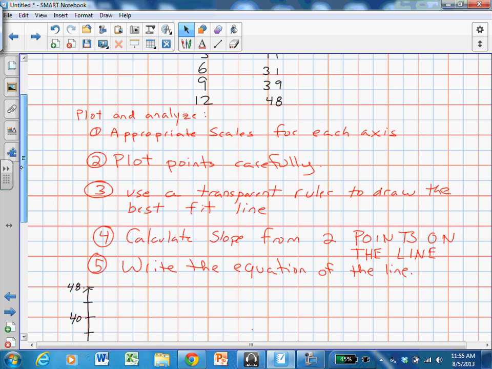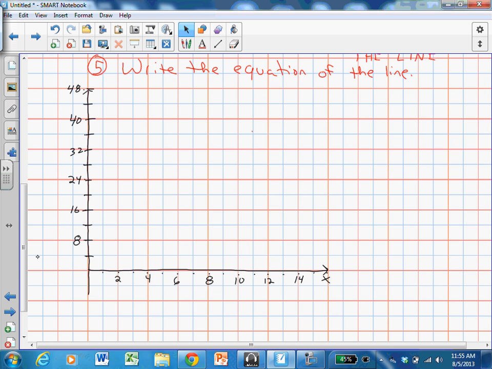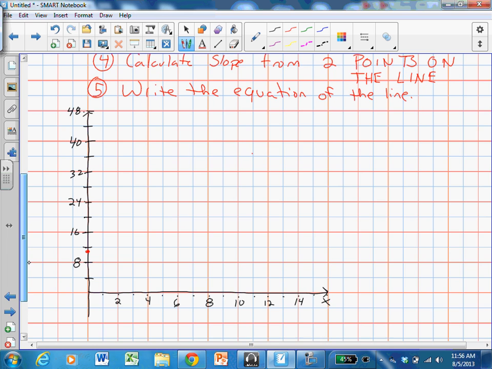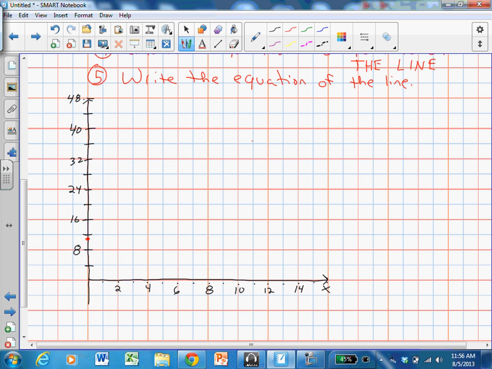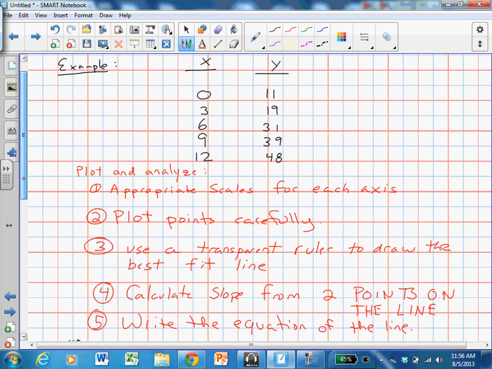My first point is X is 0, Y is 11. 0, 11. Well, this would be right about there. And then my next point is 319. 319 would be about here. And the next point is 631.